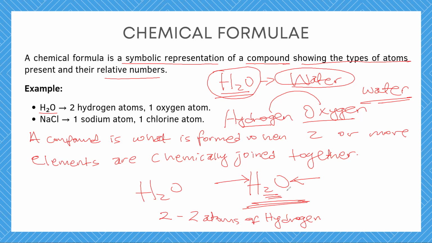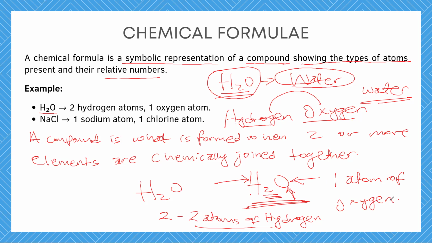And then oxygen over here, you can see there is no number in front of oxygen. Oxygen is just standing alone, right? Whenever you see that in chemistry, what we simply mean is that that element has just one atom present. So we have two atoms of hydrogen and just one atom of oxygen. Any questions?